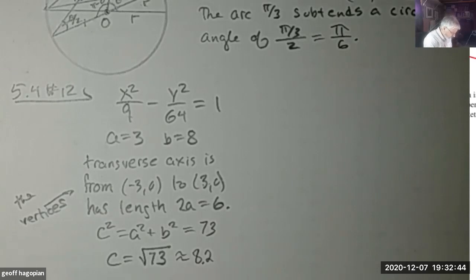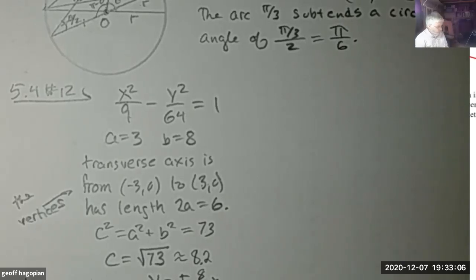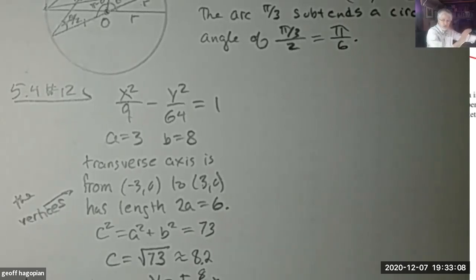So the asymptotes here are y equals plus or minus, right? There's one that goes up to the right, one goes down to the right. And I think 8/3, is that right? Yeah. So these are lines with slope plus or minus 8/3 that go through the origin.